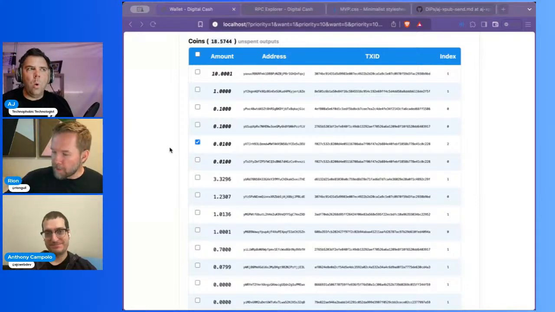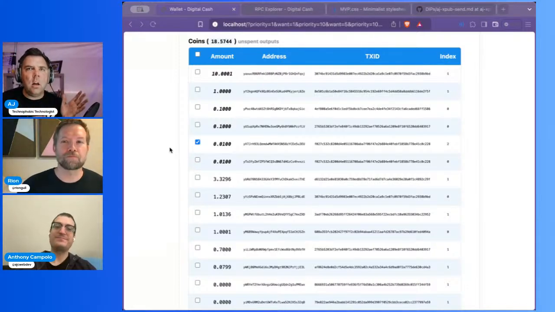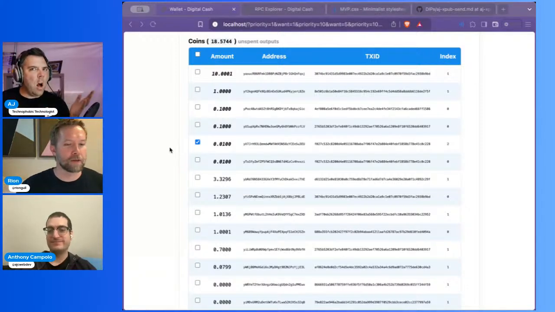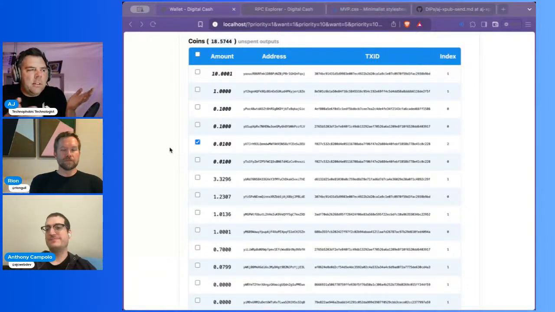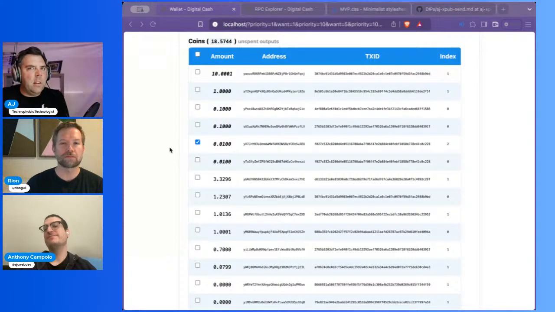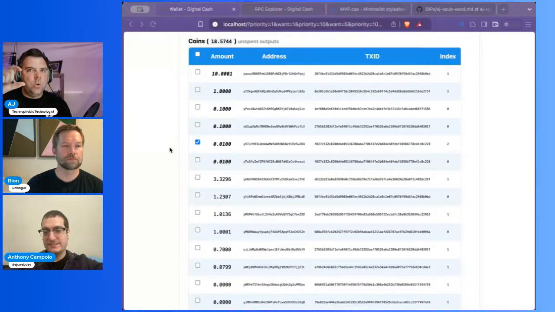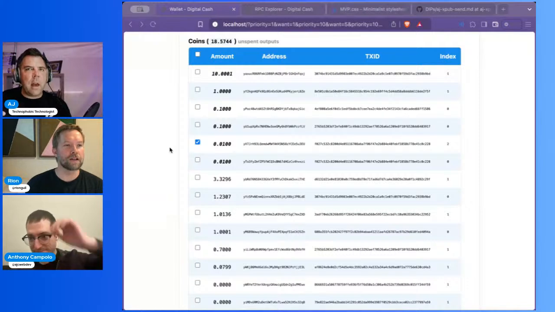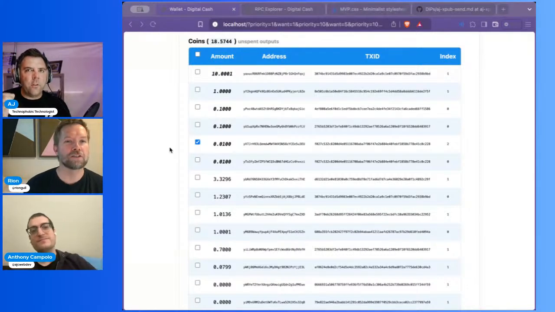Because the UI is ugly doesn't mean the protocol doesn't work. It's like an ugly email client: because the email client is ugly, it doesn't mean the person might not get the email. No, this is production code. This is not alpha code when we talk about the ability to do the CoinJoin process. I wish you would stop saying that, because it's not true, and it gives a false sense of insecurity.